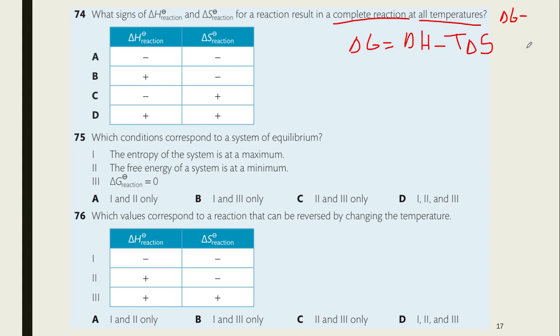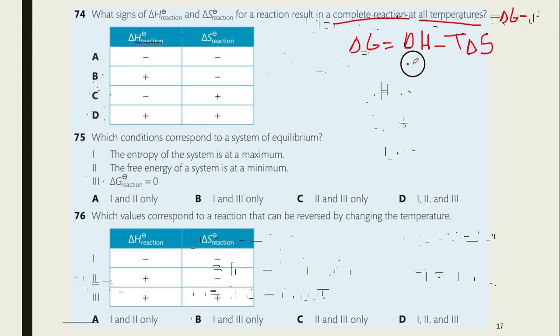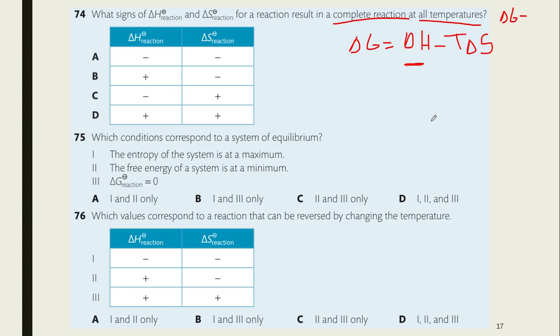In order for delta G to be negative at all temperatures, the first thing that plays a role is delta H. If we want delta G to be negative, we also want delta H to be negative. We want an exothermic reaction. So if we look at our options, B and D are out.